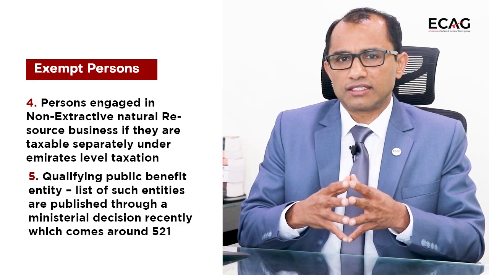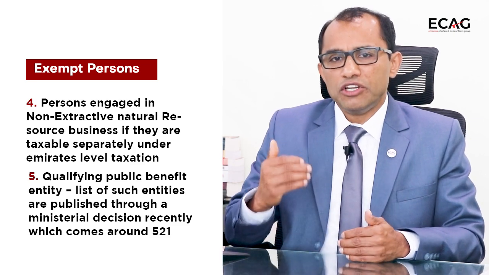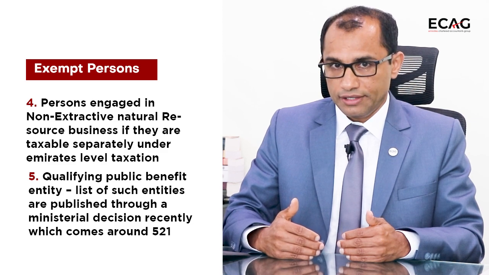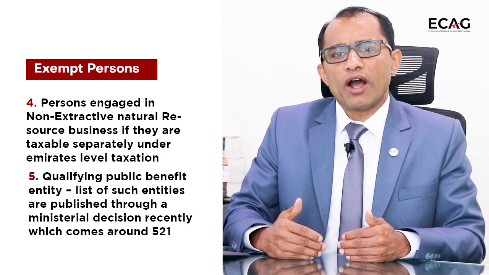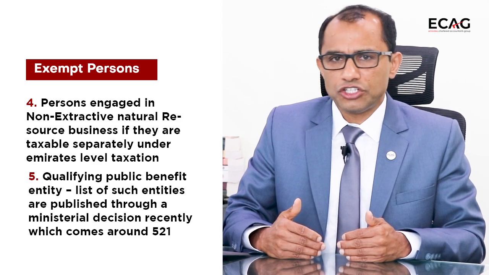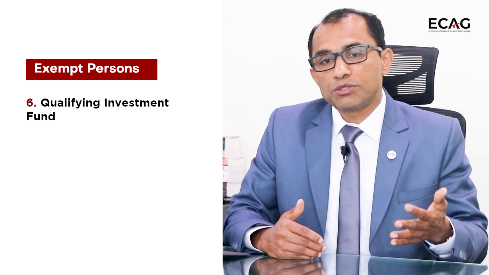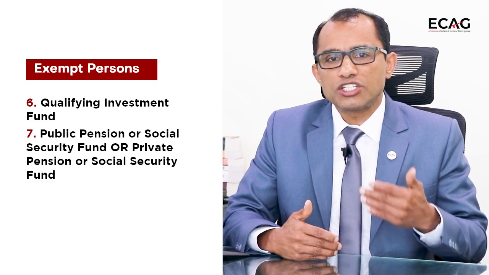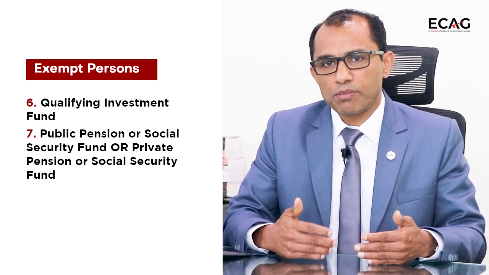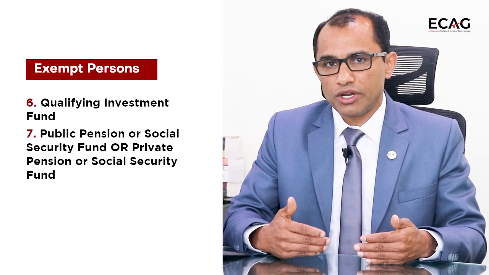The list of such entities was published through a ministerial decision recently, which comes to around 521 public benefit entities. Number six, qualifying investment fund. Number seven, public pension or social security fund or private pension or social security fund.